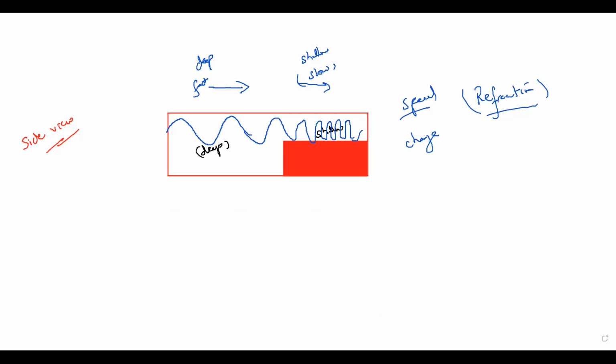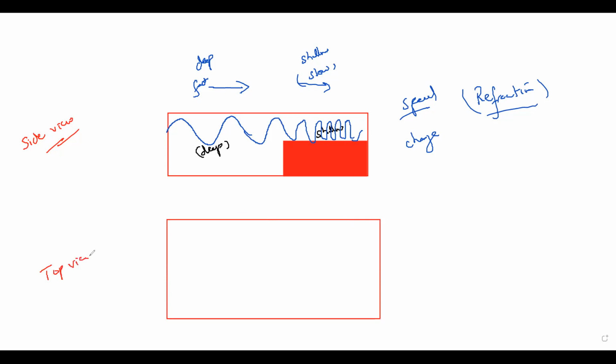So this is a side view, but if you look at the same ripple tank on the screen, the top view, what we'll see is that in a deep region, the wave fronts have greater distance between them.